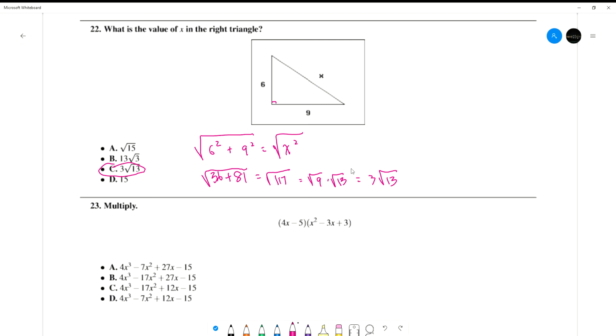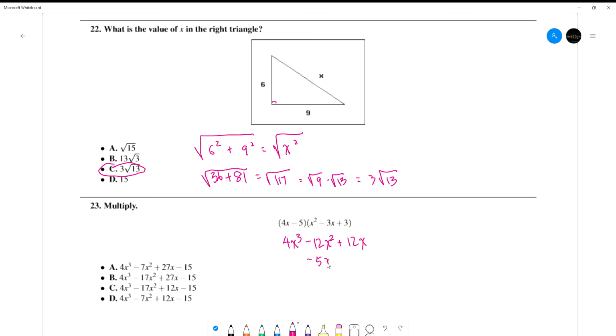All right, 23. We have to multiply, distributive property. So 4x times x squared is 4x cubed. 4x times negative 3x is minus 12x squared. And plus 12x. Right? We move on to the negative 5. I could write it straight across, but a little thing to do when you want to organize is you can do it vertically, like I said before.